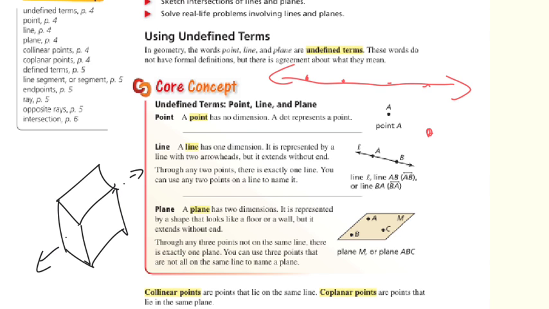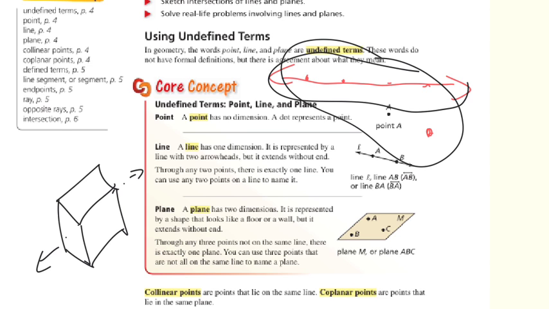But if I toss one in here, the whole group together is no longer collinear because they're not all on the same line. So when we say collinear or not collinear, we're talking about a group of points. Either a group of points is all on the same line like these are, or it is not on the same line like these 3 over here.